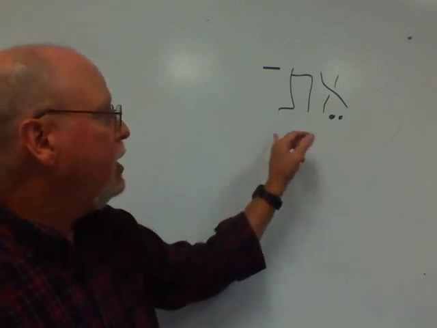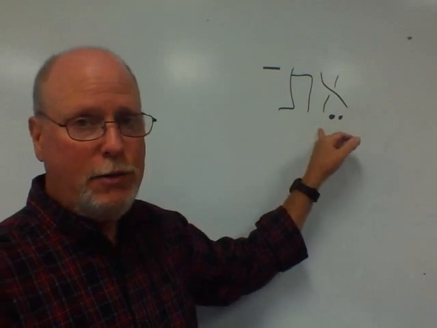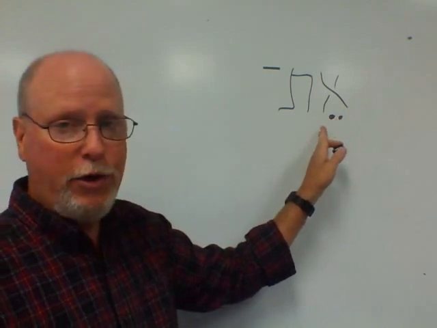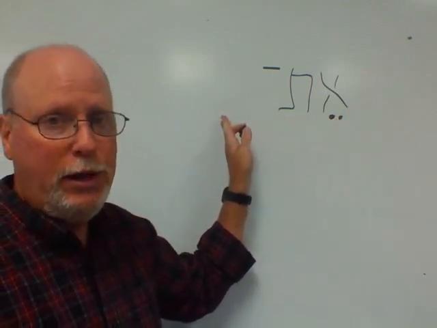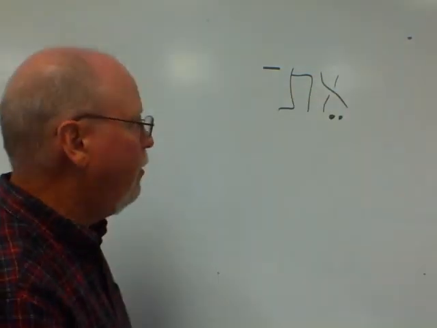So this is one of those things that you'll just have to learn, that this is the sign of the direct object. When you have, of course, the action of a verb, then you have the sign of the direct object, and then you'll have the object itself that will indicate that which is the recipient of the action of the verb.